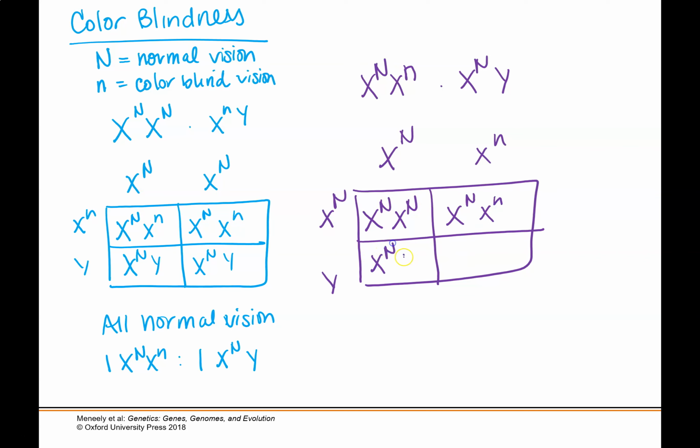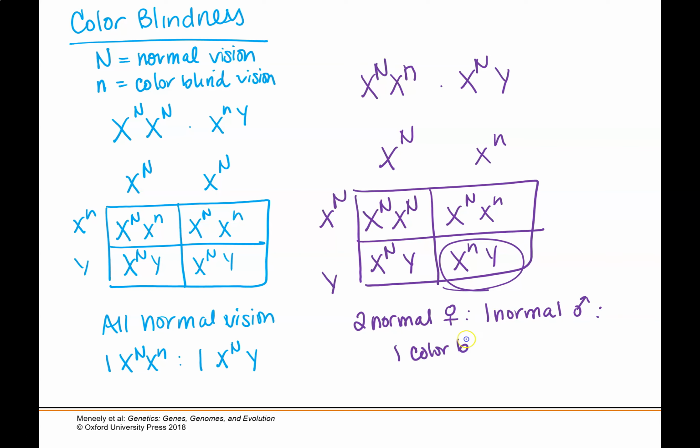But when we look at the males, we're going to see that half of the male offspring are going to be colorblind. So again, we have the 1-to-1 to 1-to-1 genotype. For phenotype, we have 2 normal vision females to 1 normal vision male to 1 colorblind male.